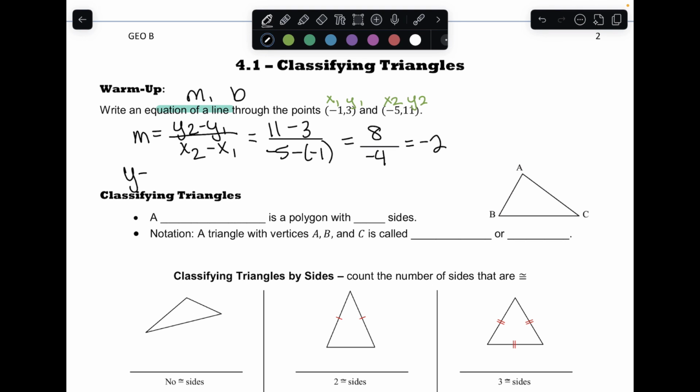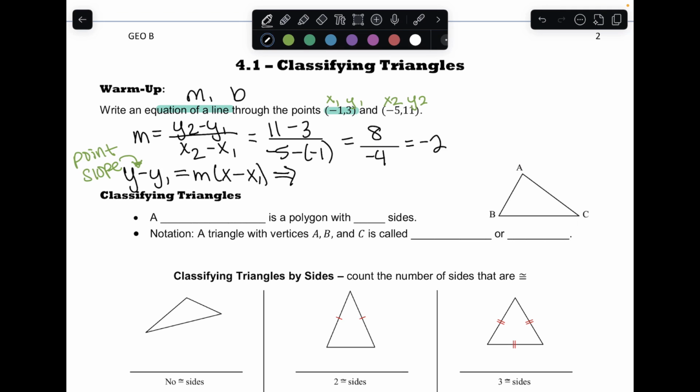So if you remember this form right here, y minus y1 is equal to m times x minus x1, that is called point slope form. And the way we use it is once we have our slope, we take our slope and we take 1 point. So I'm going to use (-1, 3). And we plug everything in and we get an equation back for our line.